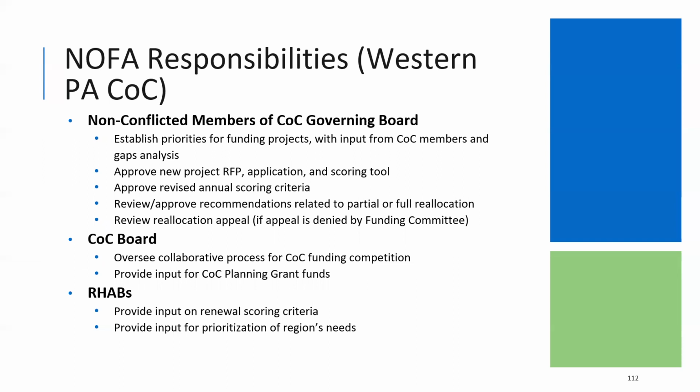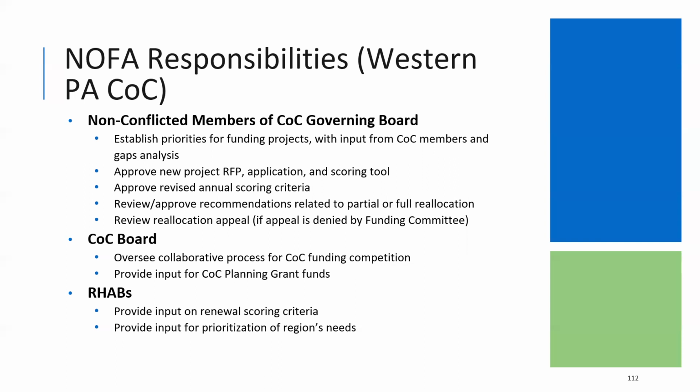They approve the revised annual scoring criteria. They review and approve recommendations related to partial or full reallocation. And if an appeal around reallocation is denied by the funding committee, there'll be a second level of review. So the non-conflicted governing board members are really in charge of being that second layer of approvals for certain areas of the scoring process.